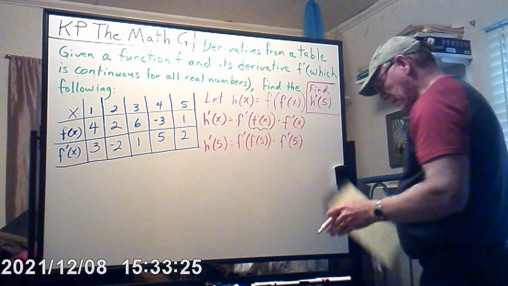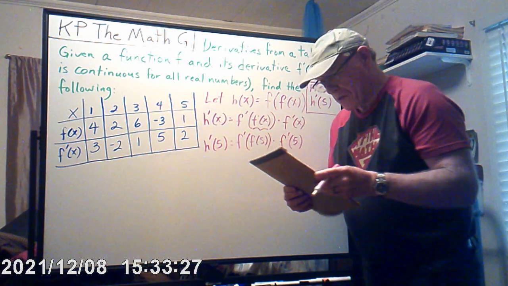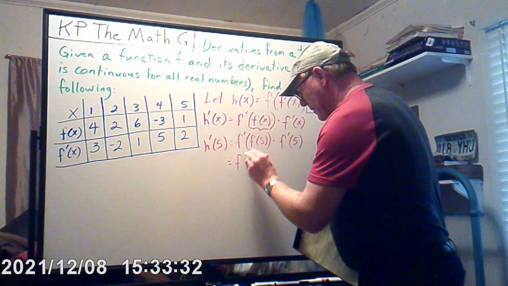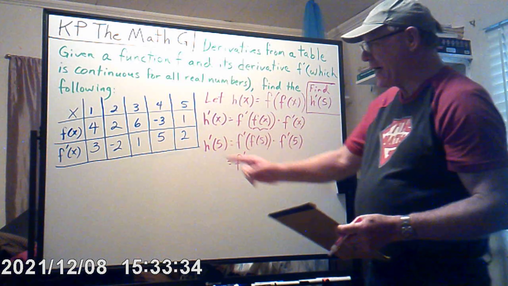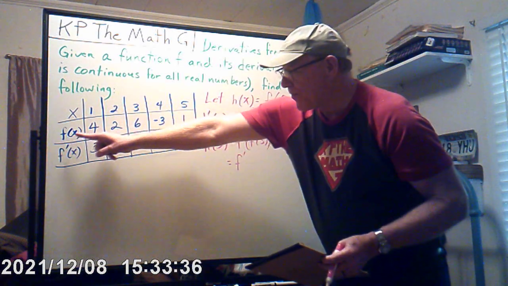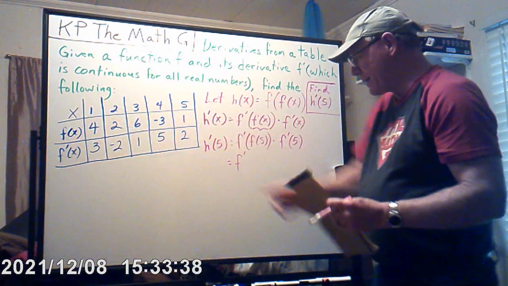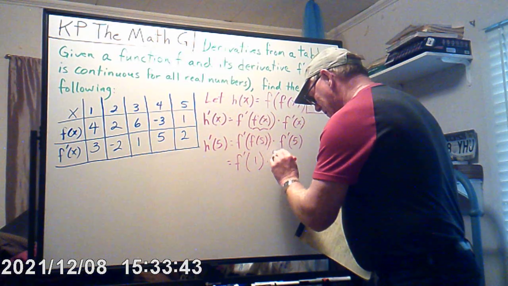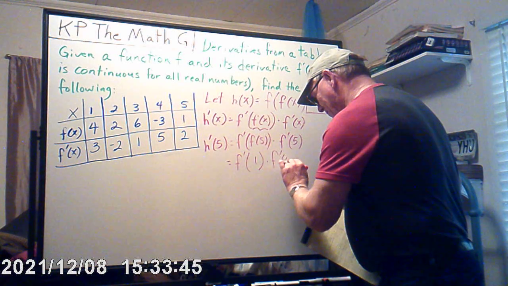Alright, so let's see what we can do here. This is f prime. Now f at 5 is 1. So f prime at 1 times f prime at 5.